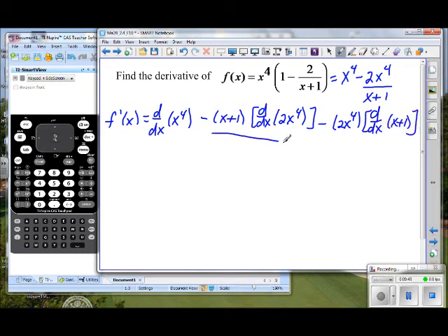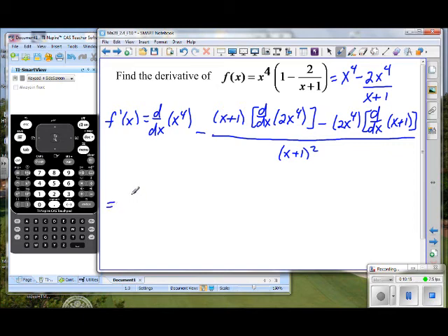And this is a fraction that we need to remember to place this entire fraction over the square of the denominator. So I'm going to change the subtraction sign just a little to make sure that we understand that it's subtracting the entire fraction.